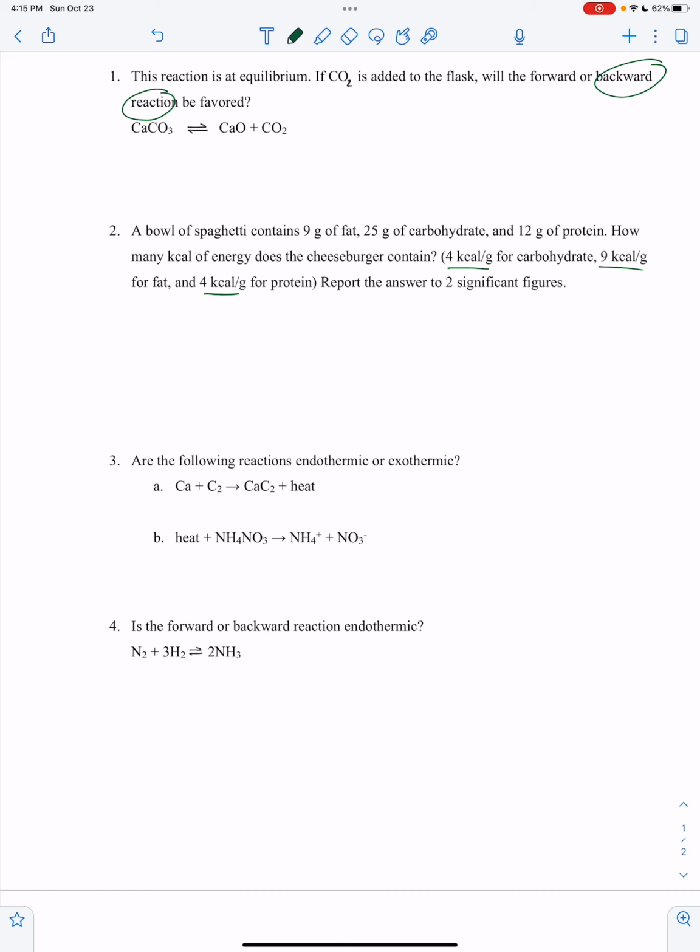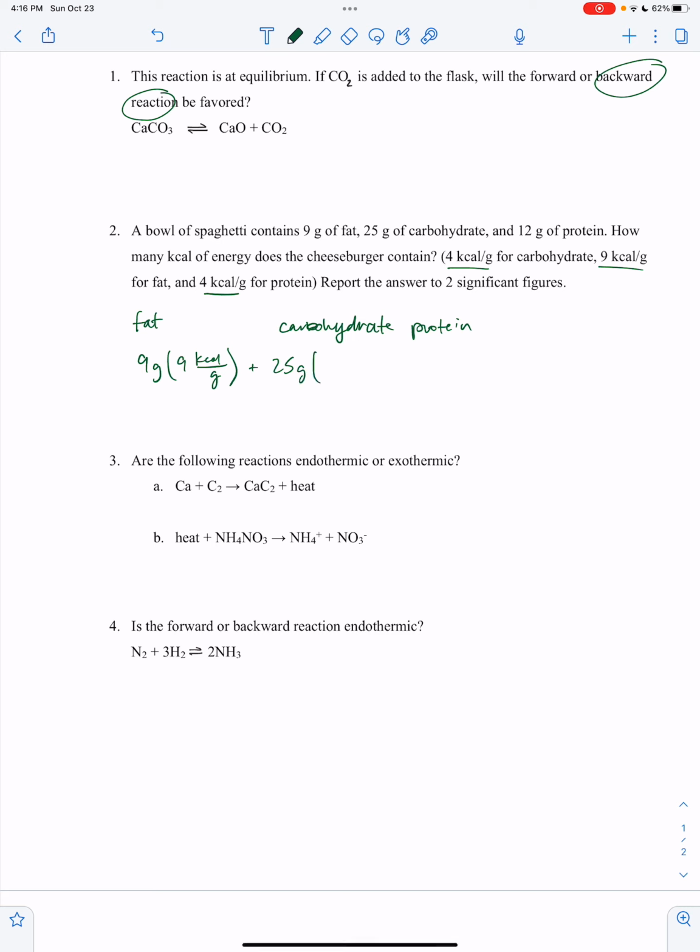So the bowl of spaghetti contains 9 grams of fat. You can just write this out. Okay, 9 grams of fat times 9 kilocalories per gram. Let me space this out. Okay, so that's the fat, and then carbohydrates, we have 25 grams of that.